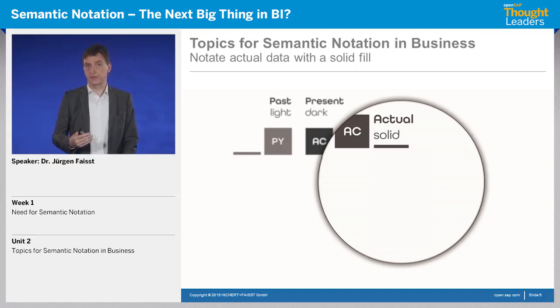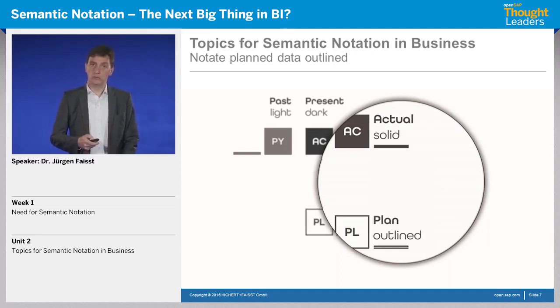So our suggestion is to visualize actual data with a solid dark fill, let's say dark gray or black, and to visualize plan data hollow, which means outlined, not filled yet. It still has to be filled up with actual data.